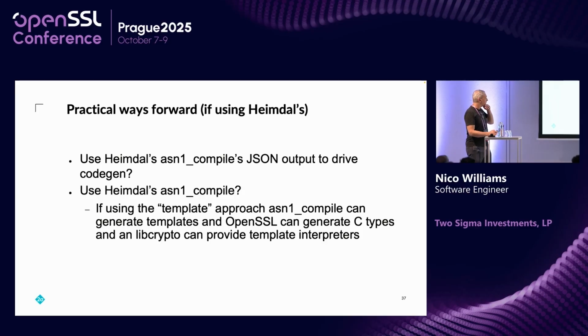Anyways, all right. So yeah, these are the options. I hope that you'll build your own, and I hope that you will take inspiration from Heimdal's. But also, I'd be happy if you used Heimdal's. Perhaps the JSON output to drive code gen approach is a good idea for OpenSSL. I don't know. You'll probably want to keep the machinery you already have to some degree, so that it's a pretty easy lift, right?